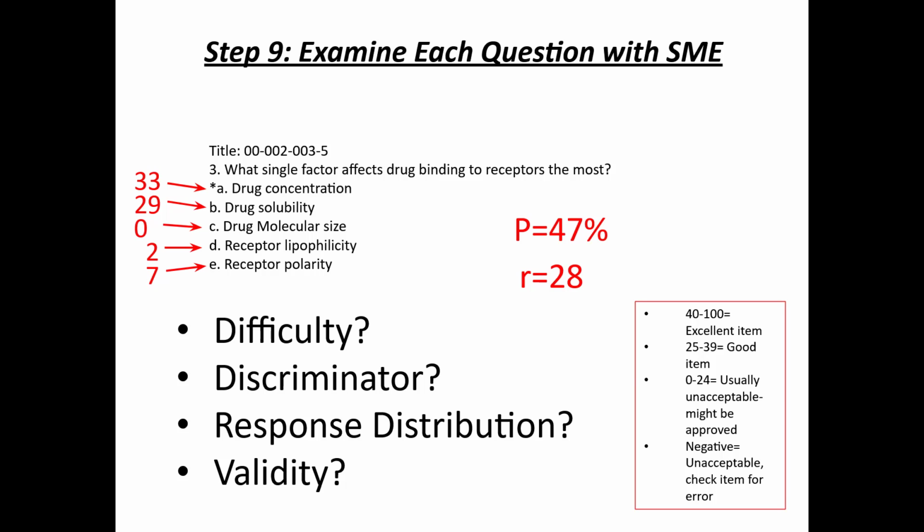It's not exactly true, but it's another case where looking strictly at the numbers, you could say, okay, it's a difficult question, but it has a good enough discriminator. But by actually looking at the answers, is it that important? So validity, did I teach it? Internal validity, yes. External validity, is it really that important?